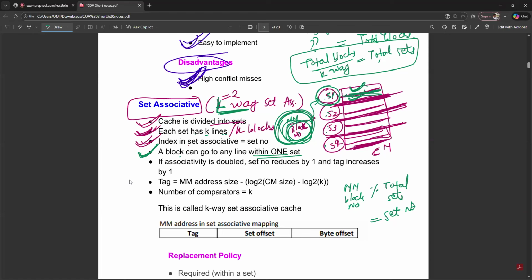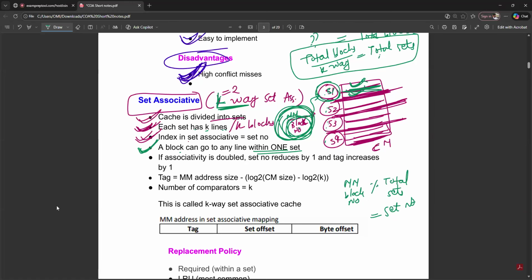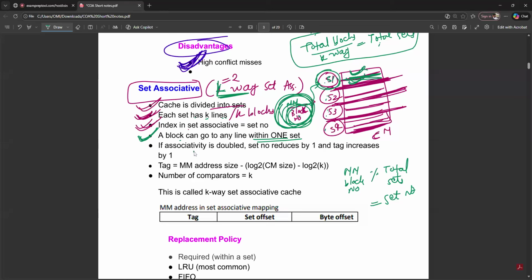Here is one point I will cover sometime after these two points.